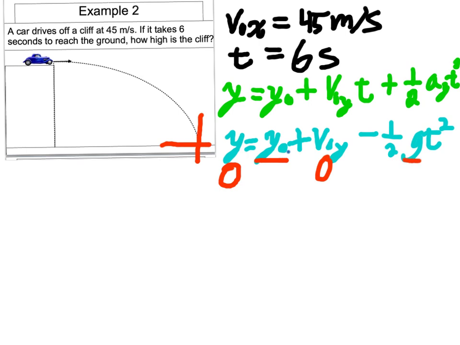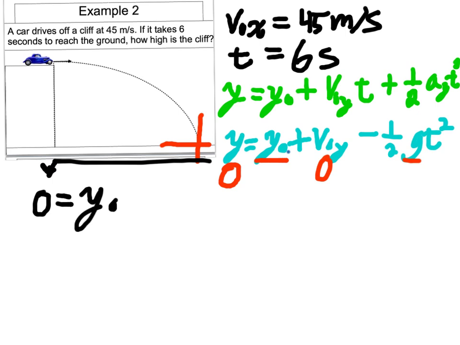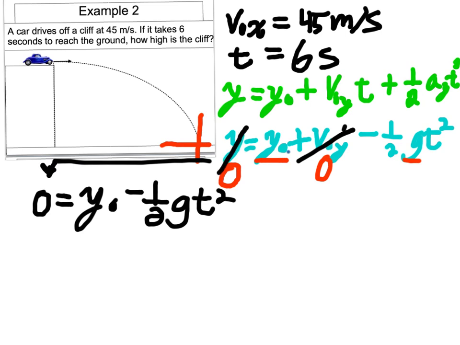So now let's just rewrite the equation with what we have left. I'm also going to move it over here to the left a bit. 0 for final position equals y0 minus 1/2 gt squared. So notice this term went away and this term went away. There was a t here at some point, not really sure where it went, but luckily it's in a term that went away.